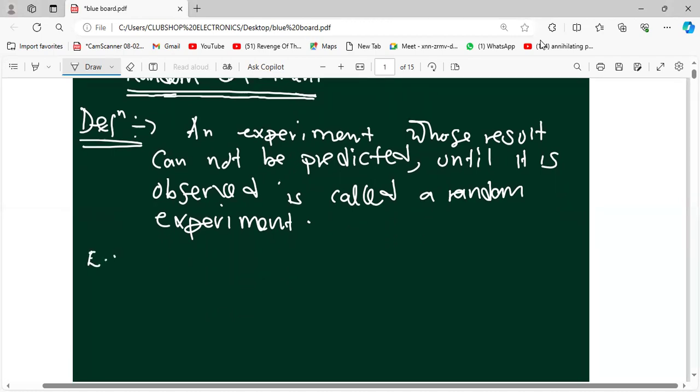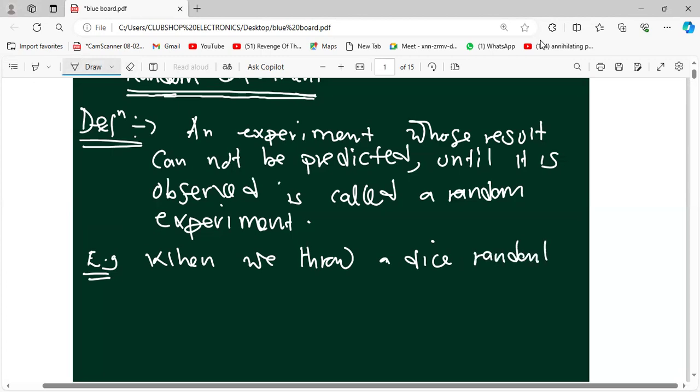An example, let's give an example of when we throw a dice randomly.